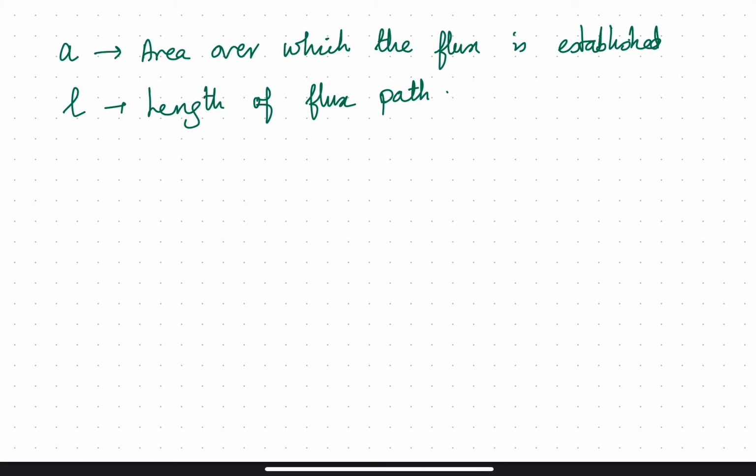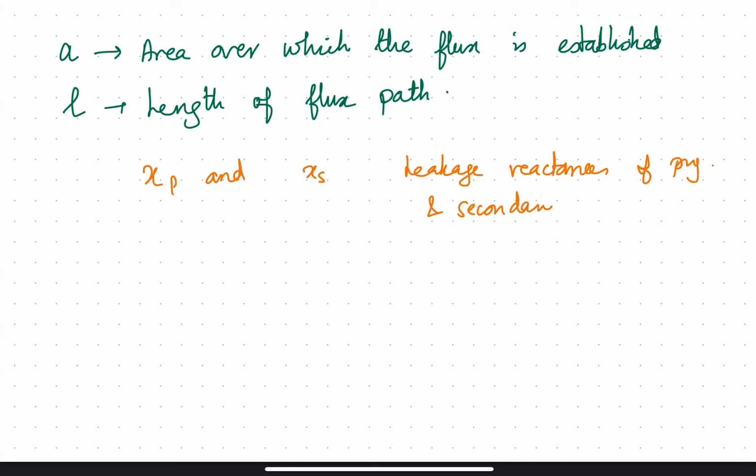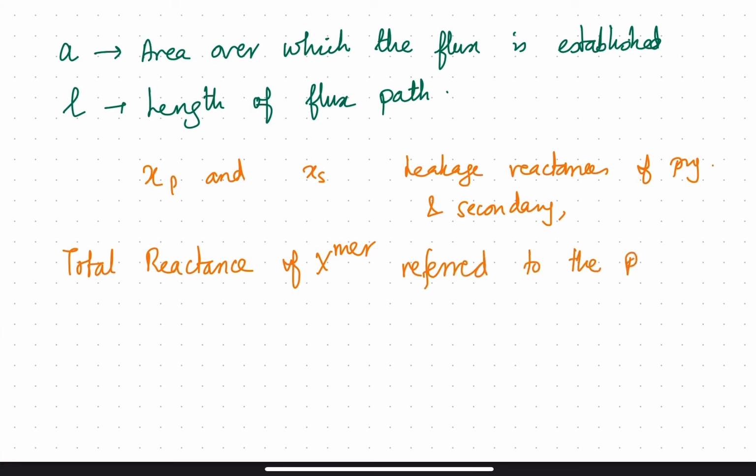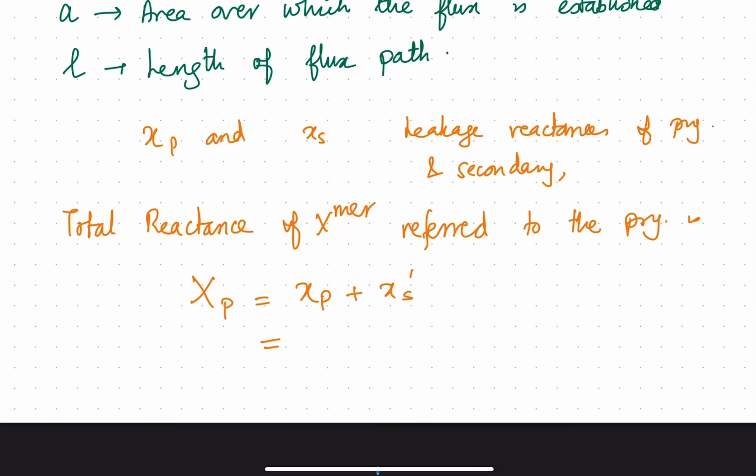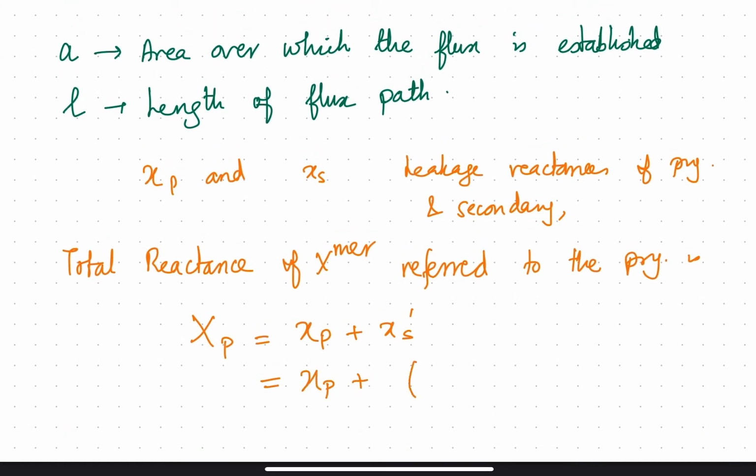Now if you have xp and xs as the leakage reactances of the primary and the secondary, then the total reactance of the transformer referred to the primary is given by capital Xp, and that is xp plus xs dash, where xp is known to us and xs dash you get by taking this ratio, number of turns squared xs.